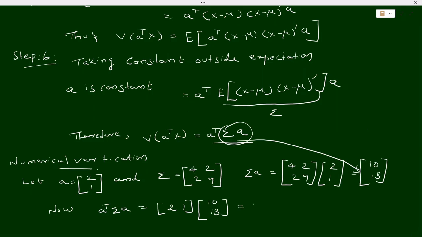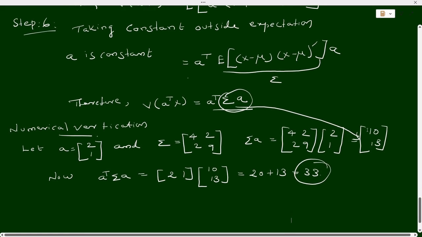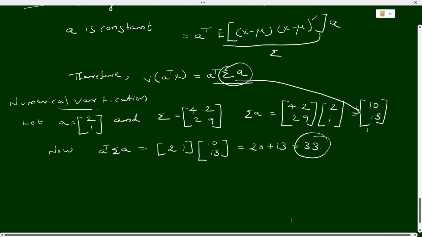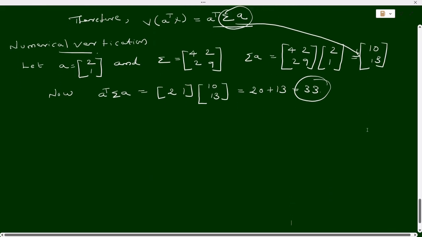So we get 20 plus 13, which is equal to 33. So the variance of this is a single value, that is 33. The numerical value which we obtained for A transpose sigma A is 33.